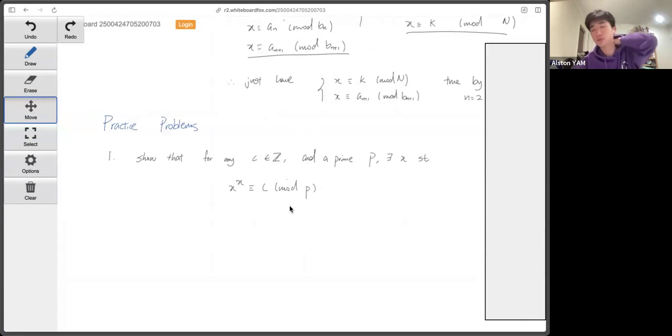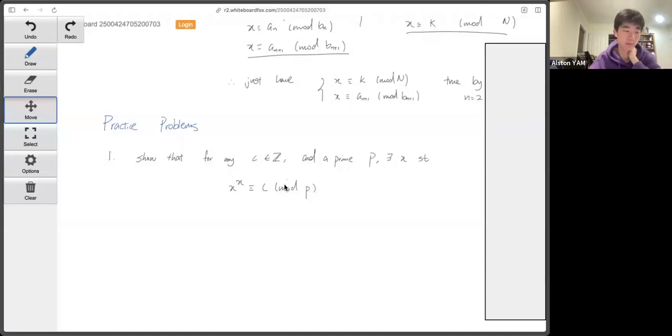Basically, what we're saying is that I'm trying to find a solution such that this thing to the power of itself is congruent to c, where c is anything under a prime mod. So how might we go about doing this question, right? My first thought when I see this is that, well, wait, we have a prime modulus.